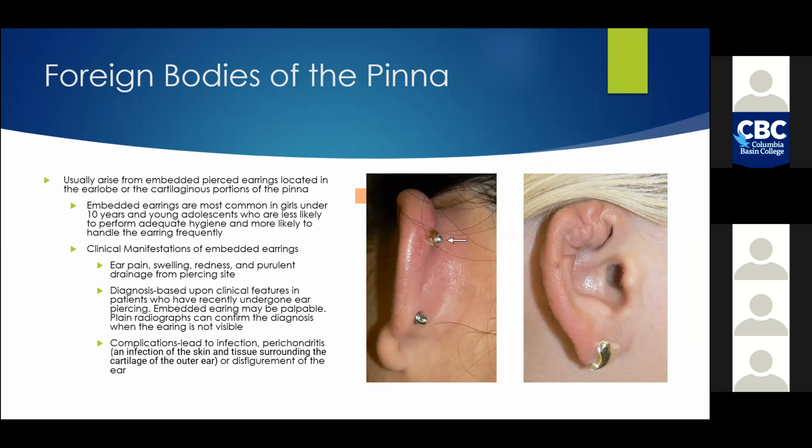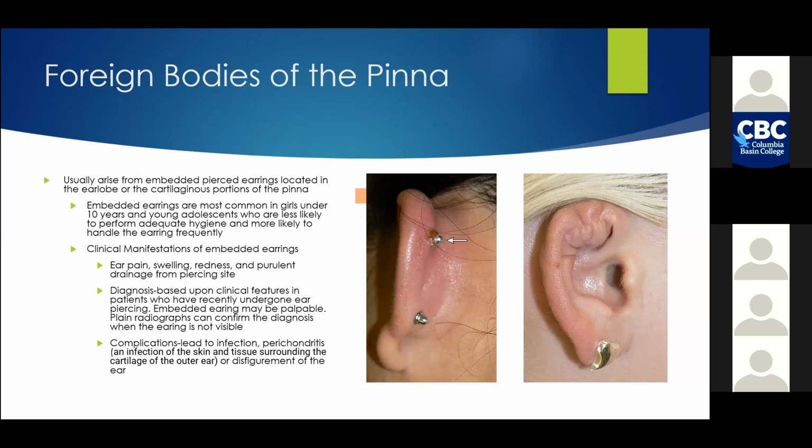Embedded earrings are most common in girls under the age of 10 and young adolescents who are less likely to have adequate hygiene behaviors and touch their ears a lot. Clinical manifestations include ear pain, swelling, redness, and some discharge. The diagnosis is based upon clinical features.